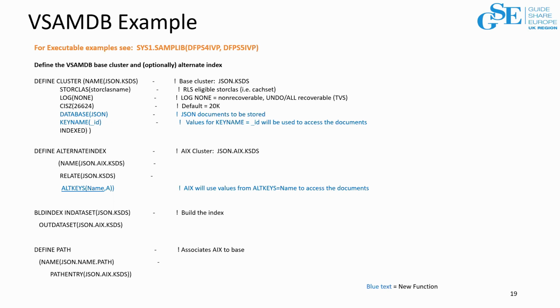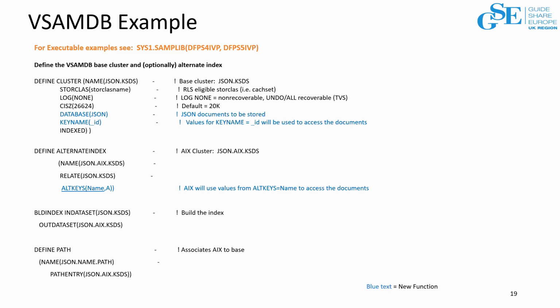We did provide a couple of samples that shipped in SAMPLIB with this support. So to give you just an idea of how you might use this, how you might define the cluster, how you would define the alternate index, do the build index, define the path. Again, if you're familiar with VSAM, this all looks like normal stuff to you. Again, very minor changes have to be made in order to take advantage of this.